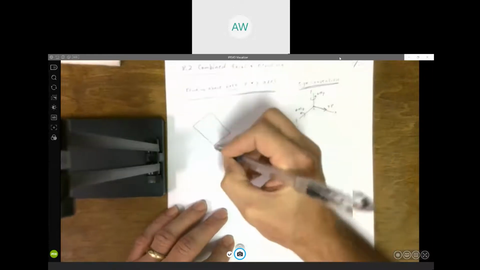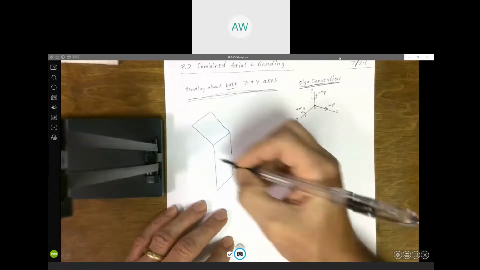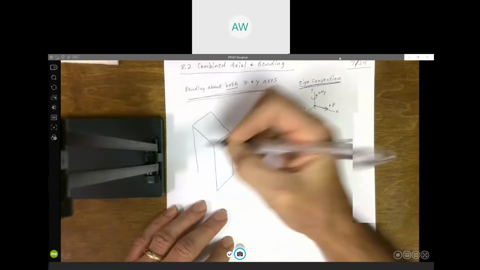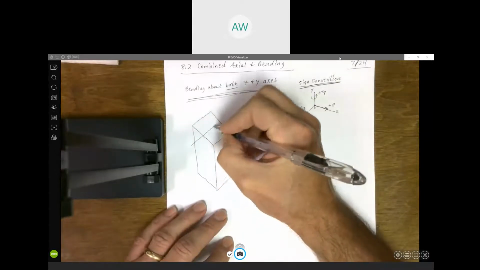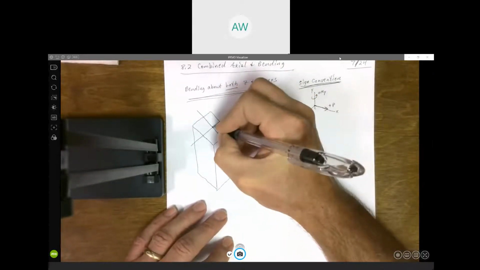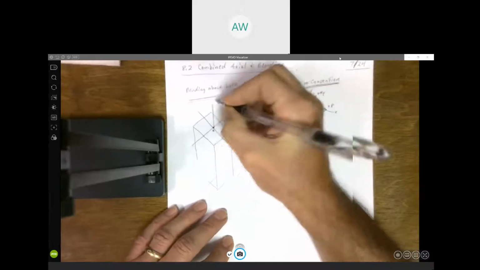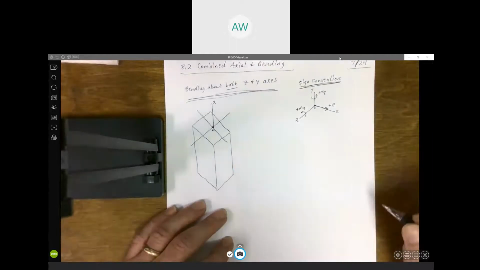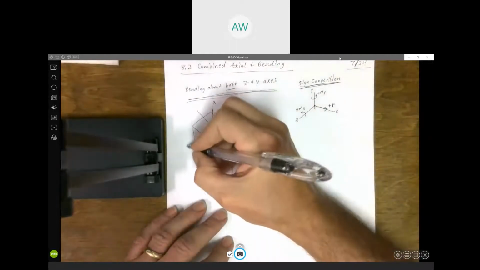Let's assume we got this member. My coordinate system on here. Right, so again, our x direction is the axial direction.